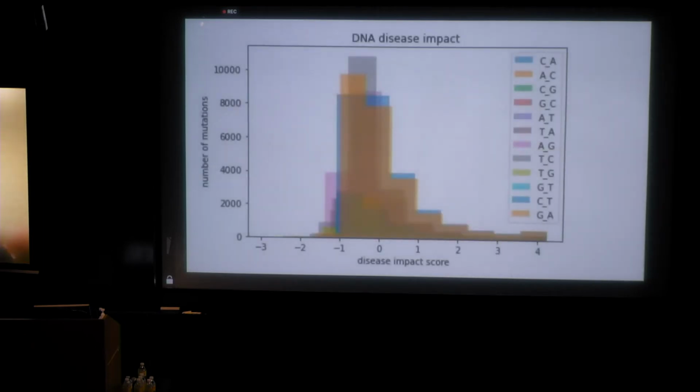To talk about the DNA disease impact scores, that's what I was focusing on. I was trying to see whether there was a discrepancy between certain mutations and that disease impact score. As you can see, they generally follow the same Gaussian structure.